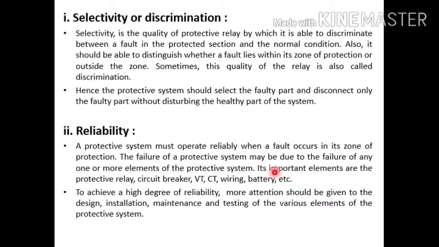Its important elements are the protective relay, circuit breaker, the voltage transformer, which is called VT, CT, which is a current transformer, the wiring, the battery, etc. So to achieve a greater degree of reliability, greater attention should be given to the design, the installation, the maintenance, as well as the testing of various elements of the protective system.